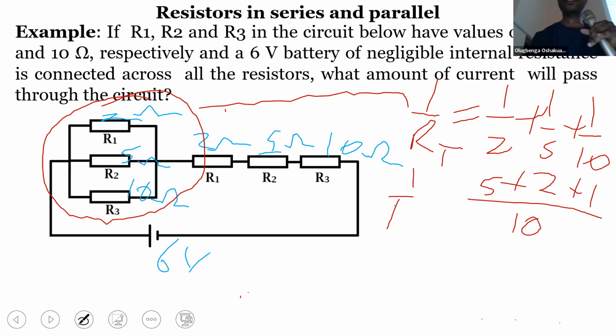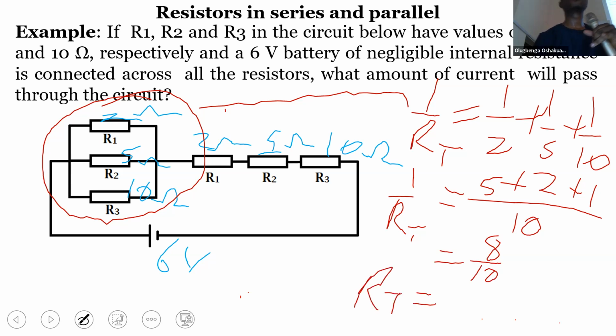So 1 over R total is equal to 8 over 10, right? Then what is R total? R total is 10 over 8, which now becomes 5 over 4. 5 over 4 is one whole number, 1 over 4, or 1.25, right?